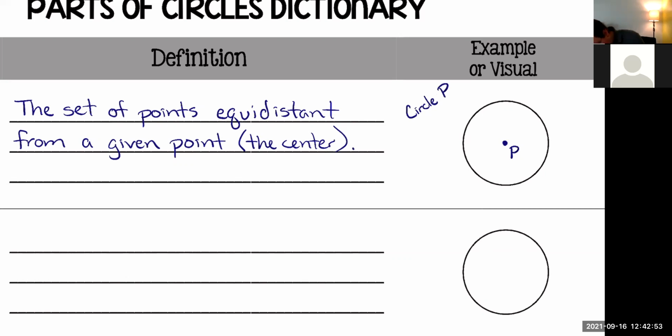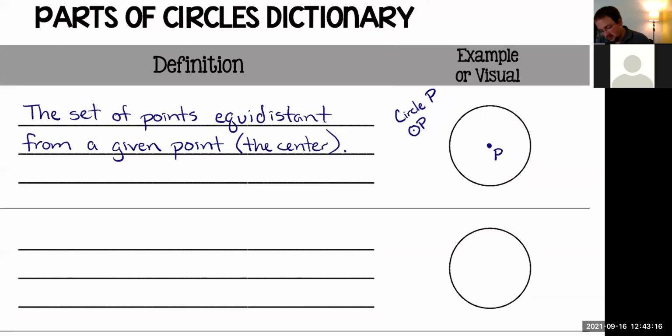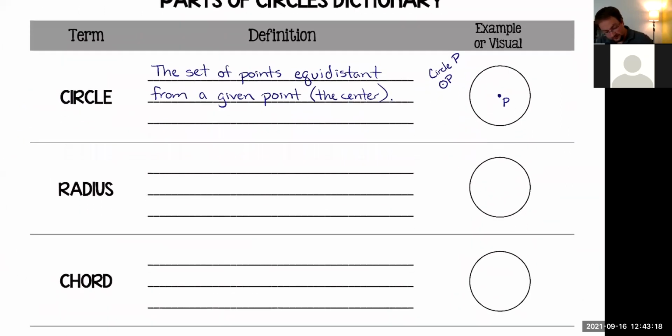It looks kind of strange, but it's like a circle with a dot in it and then a letter after it. I don't like to use that often because, especially if you can't see that dot, some people think it's just the letter O. But occasionally, especially in textbooks or on online programs, that's the symbol used to describe a circle.